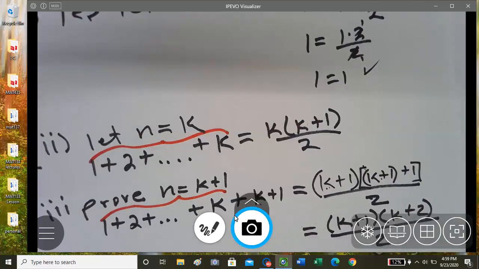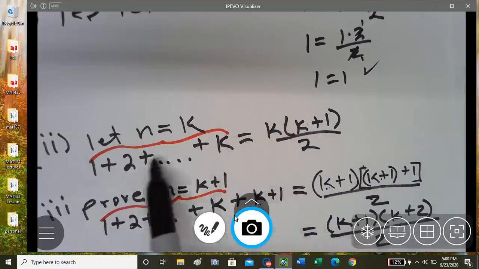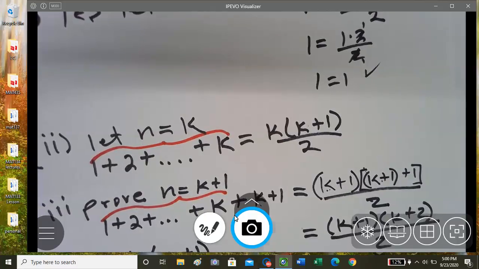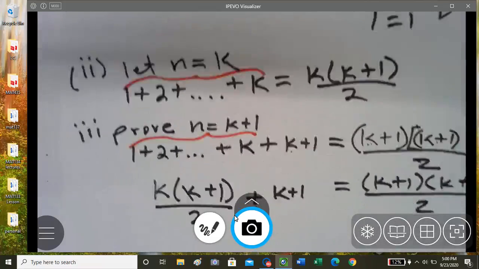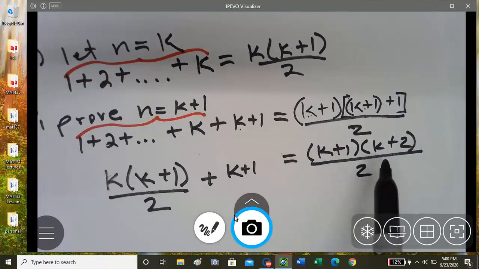So we're saying here that this 1 plus 2 plus k is k times k plus 1 because that's here in step 2. So now this will be k times k plus 1 over 2, but then we have this other k plus 1 here, plus k plus 1. And so we're saying these two are equivalent. So when we simplify this, we should get the same thing on the right side.